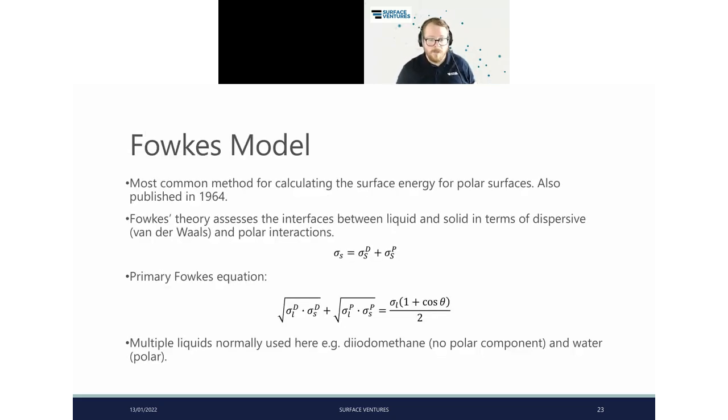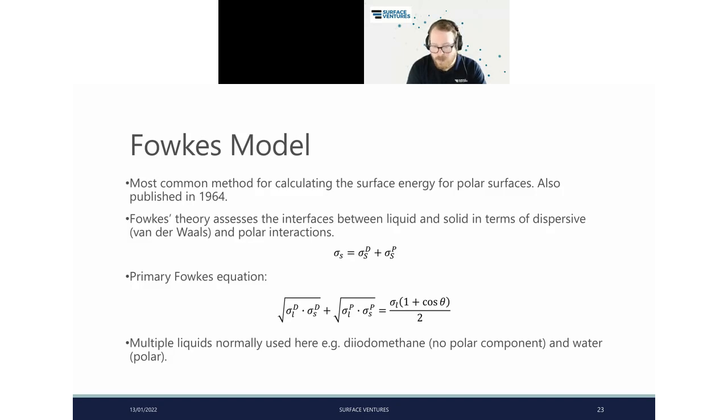So for this, we can use the Fowkes model, also published in 1964. This assesses the interaction between liquids and solids in terms of dispersive interactions, sort of van der Waals, or temporary dipoles, and polar interactions. So we can split the surface energy into these different components.